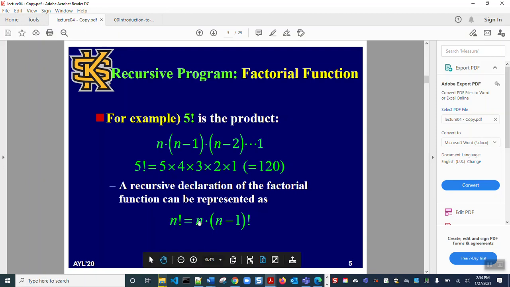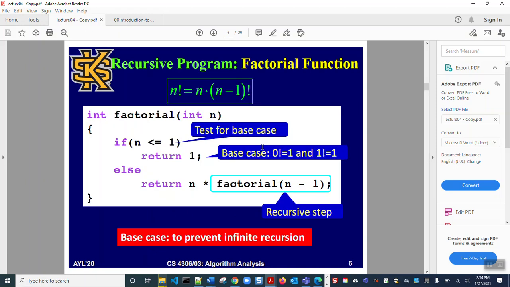Factorial of n equals n times factorial of n minus 1. That is a function that is calling itself. The factorial function is not done yet, so it is being used again. How long will it be used? The factorial function will be called again until we reach a base case.